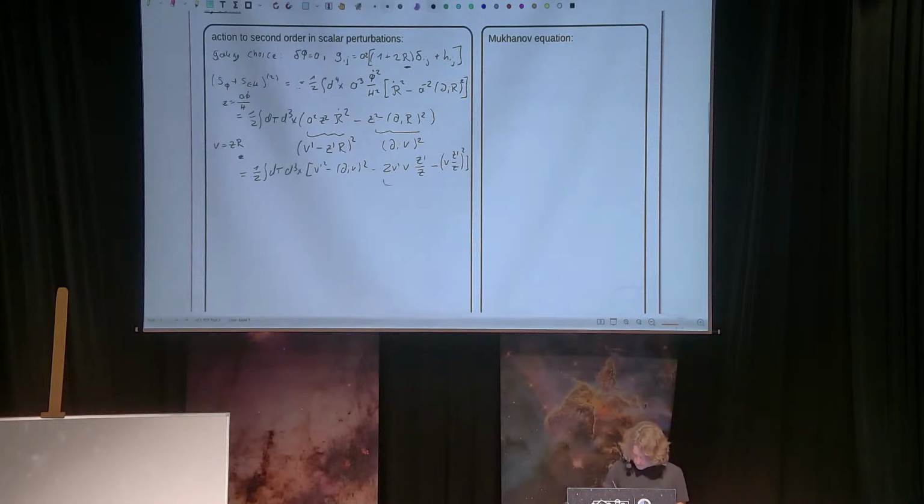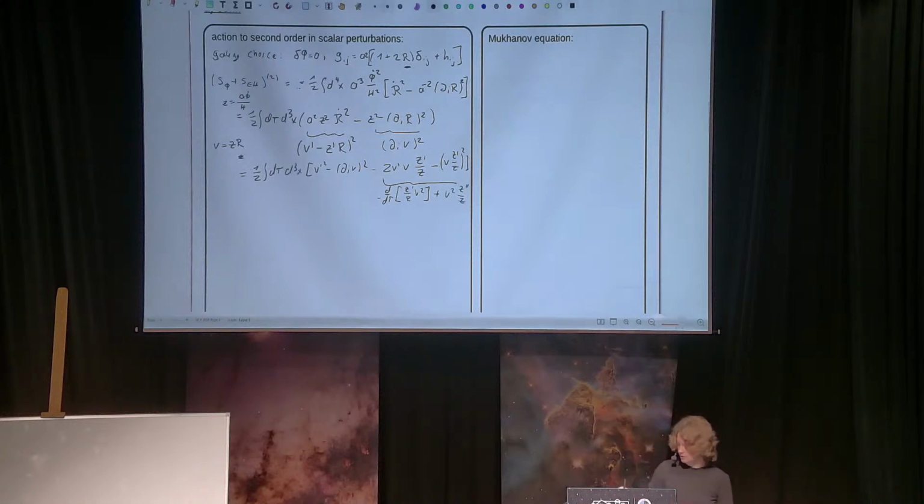And then you can see that this term is already starting to look like part of a square, right? So if I can write part of a total derivative, I can write this as minus d over d tau of z prime over z v squared plus v squared z double prime over z, right?